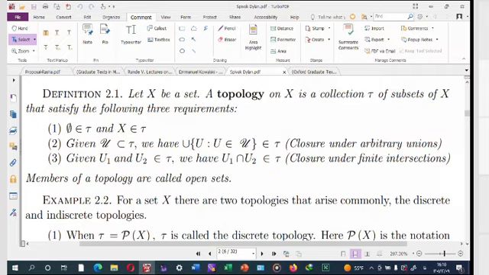The empty set and the whole of X must belong to tau. Please note that tau is a collection of subsets of X. We know that the empty set and X are subsets of X. Now, if tau is a topology, the empty set and X must belong to tau.